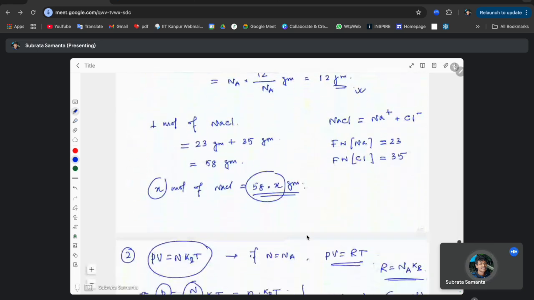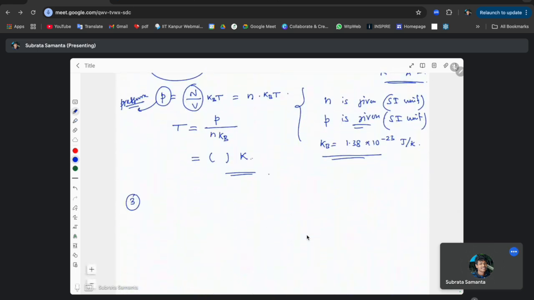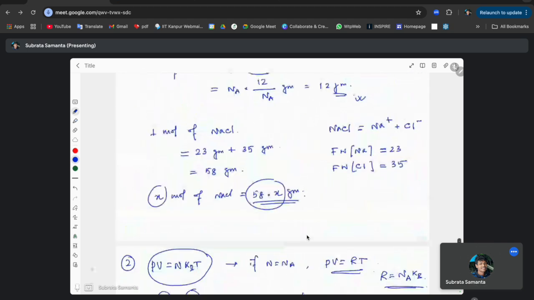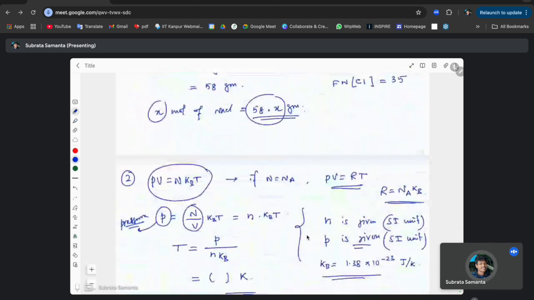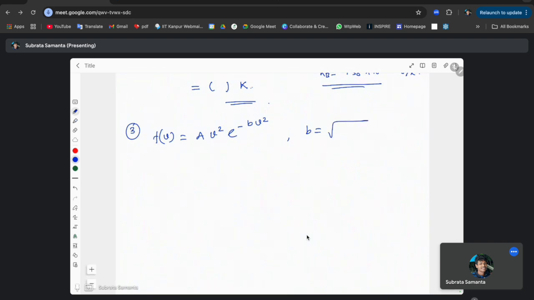But the RMS velocity for this velocity distribution, say v squared e to the power minus b v squared, where b is the square root of 2kBT by m, if you compute the v RMS velocity, this is basically the square root of 3kBT over m.